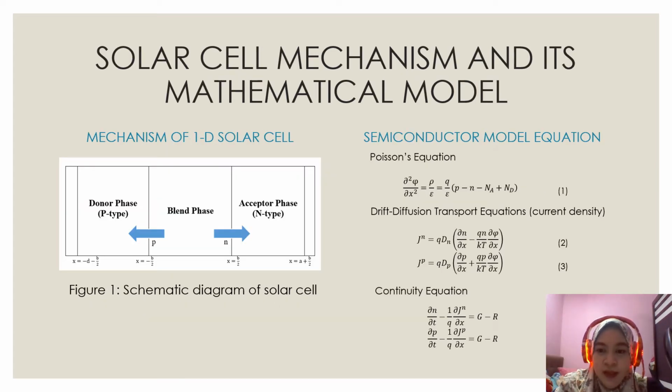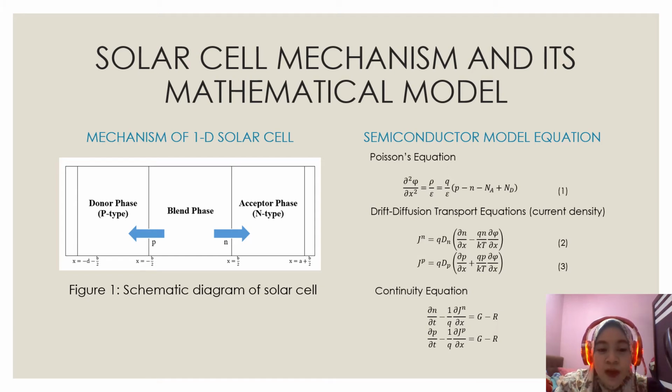Solar cell mechanism and its mathematical modeling. So basically, the mechanism is about the working principle of the solar cell. So we do have donor phase, blend phase, and acceptor phase. So when the sunlight hits the blend phase and is absorbed, the generation of carriers begins to happen.